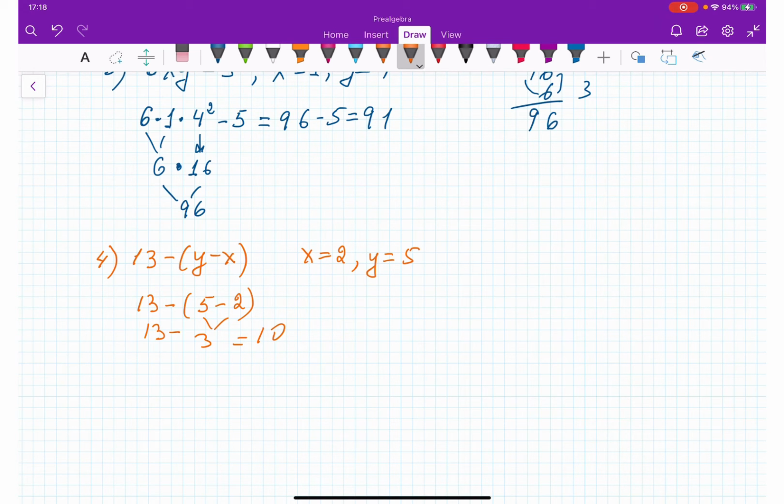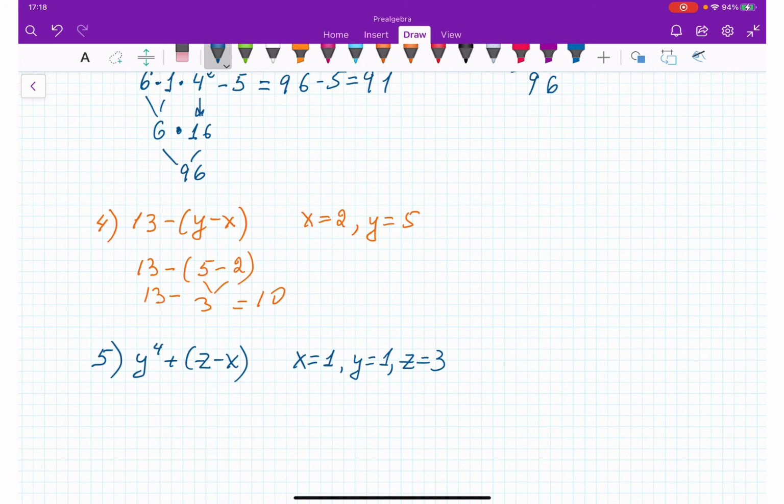Moving to question number 5. y to power 4 plus z minus x. Okay, where x is equal to 1, y is equal to 1, z is equal to 3.